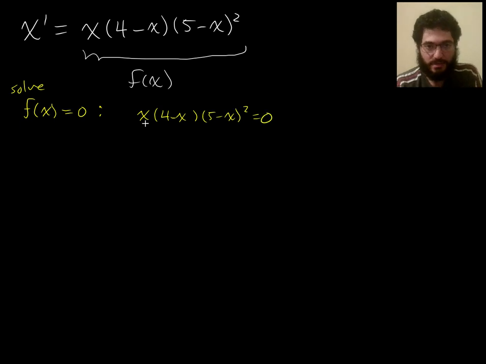Okay, so this is a degree 5 polynomial, so I expect at most 5 solutions. But in fact, sorry, this is a degree 4 polynomial, so I expect at most 4 solutions. But in fact, I get 3 solutions. X equals 0, or x equals 4, or x equals 5. It just looks like x equals 5 appears twice as a solution. But no matter, let's just write down our critical points.